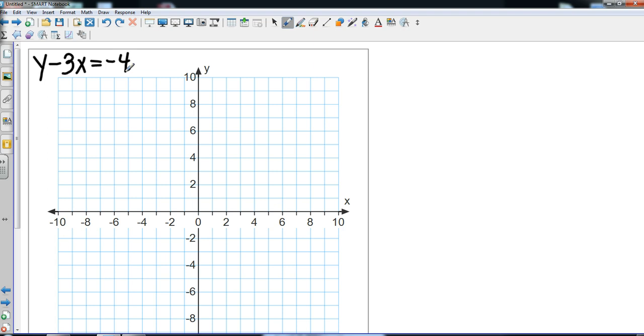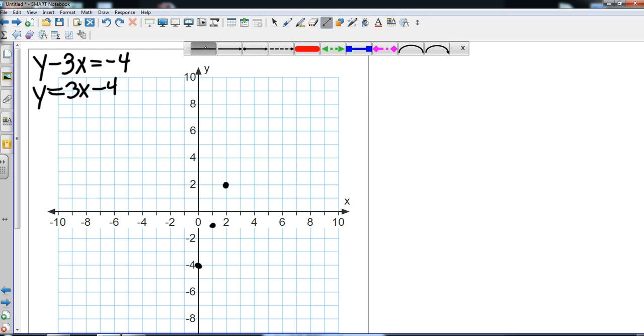What do I have to do in this one? Add 3x to the other side. So I end up with y equals 3x minus 4. Y-intercept of negative 4. And because the slope is positive 3x, what does that mean? Rise 3 and to the right 1. Rise 3 to the right 1.